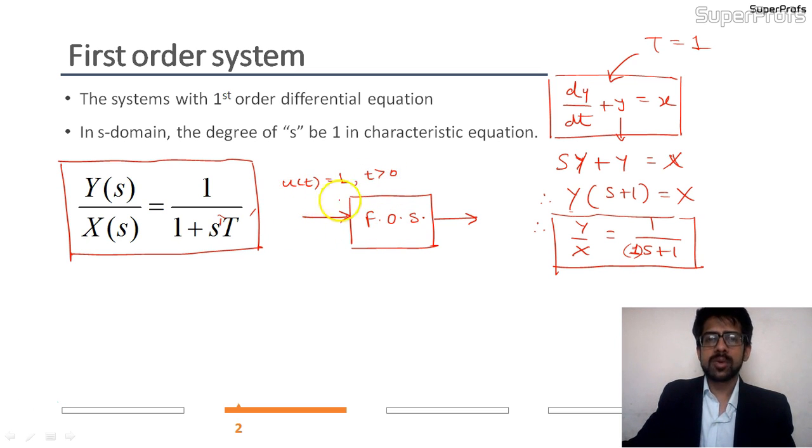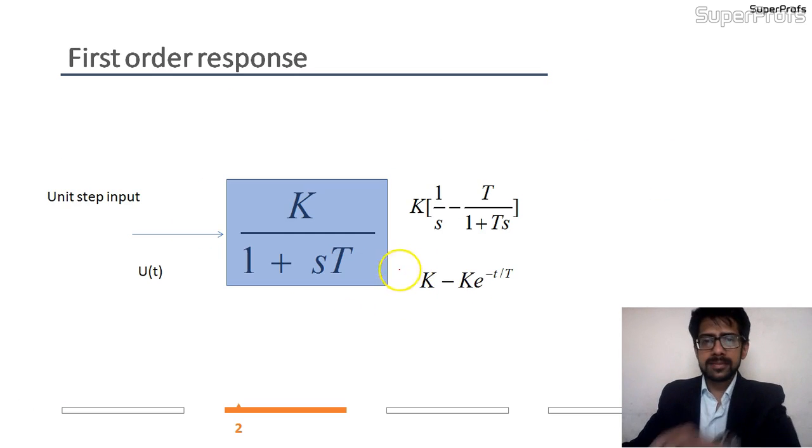Now the Laplace transform of u of t is nothing but 1 by s, and we will study the response of this particular system, assuming that we know the transfer function of this first order system, which would be nothing but of this kind, K upon 1 plus sT. Okay. Now while subjecting this input to the transfer function of this particular system to generate the output, we will have to multiply these two signals. Let us go forward and see how we can do that.